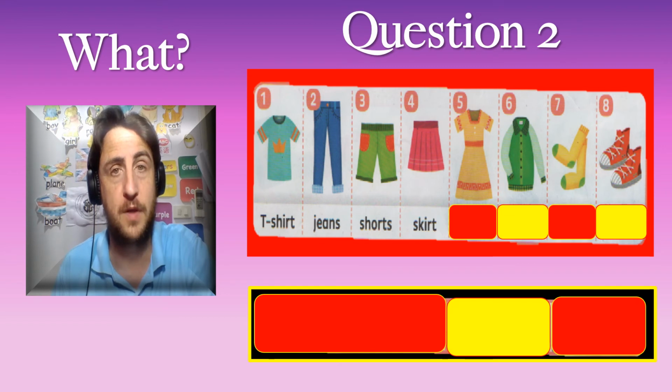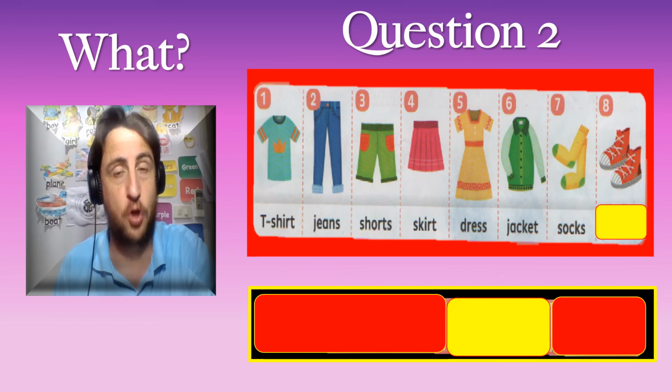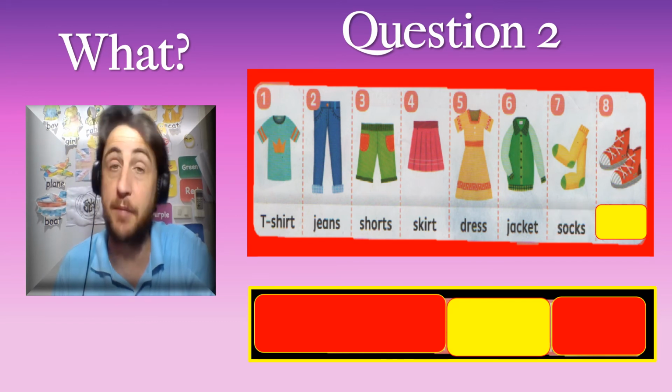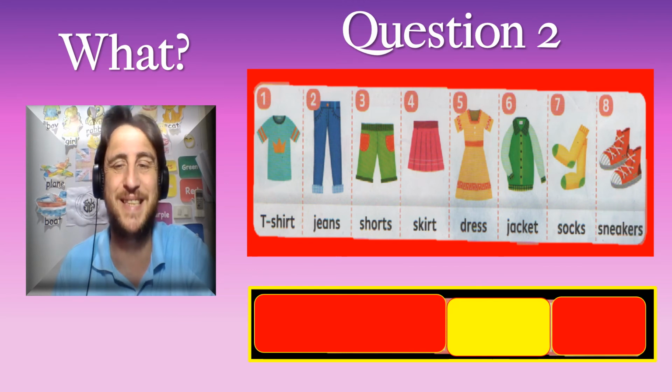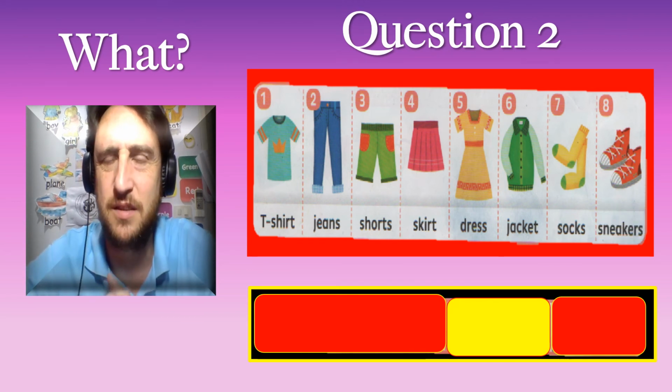Number 4, skirt. Number 5, dress. Number 6, jacket. Number 7, socks. And number 8, sneakers. What are sneakers? Yeah, they are sport shoes.